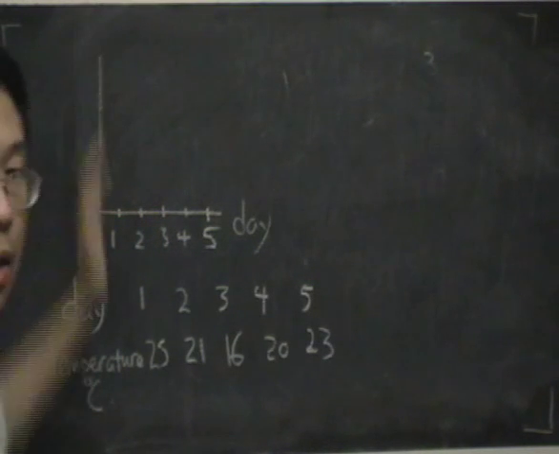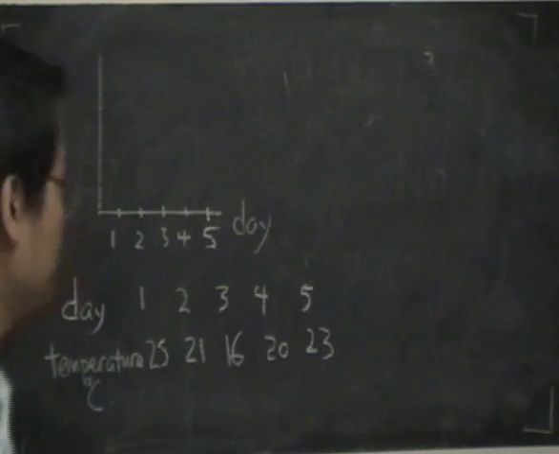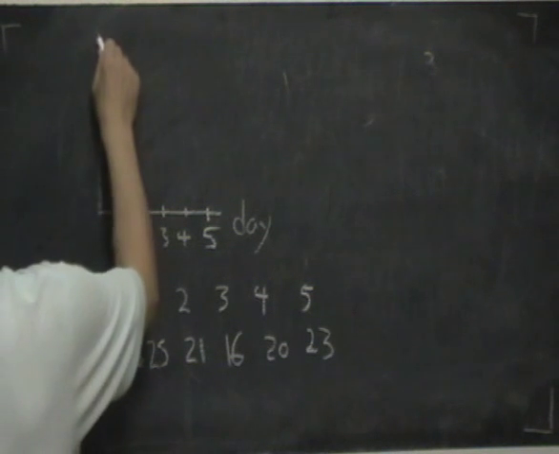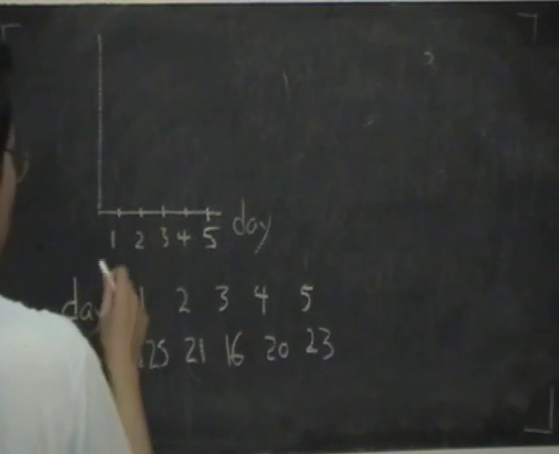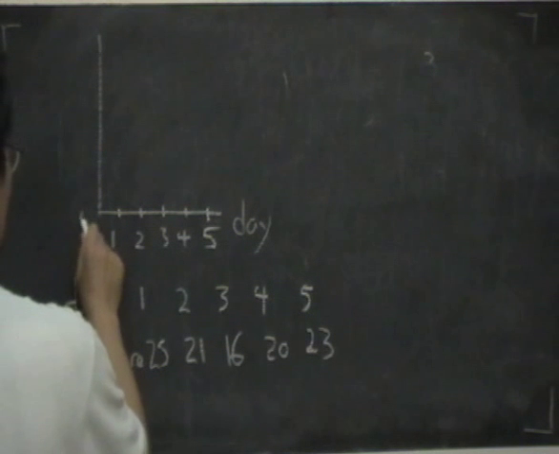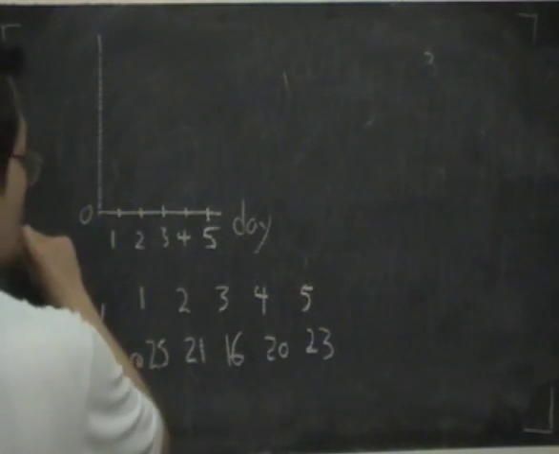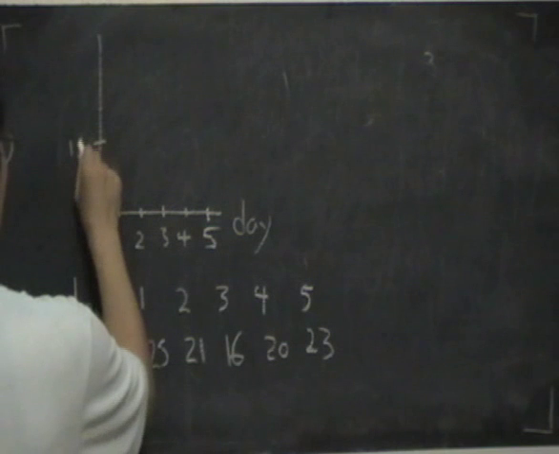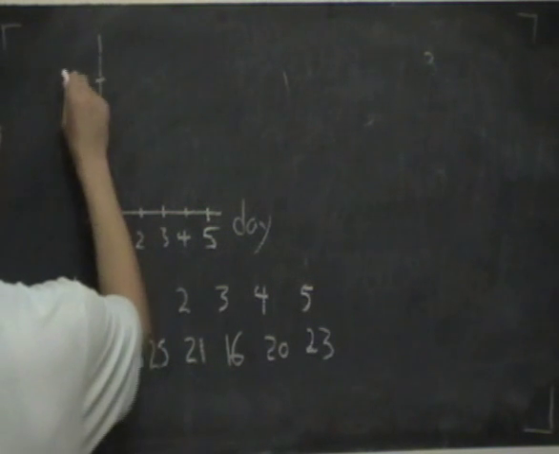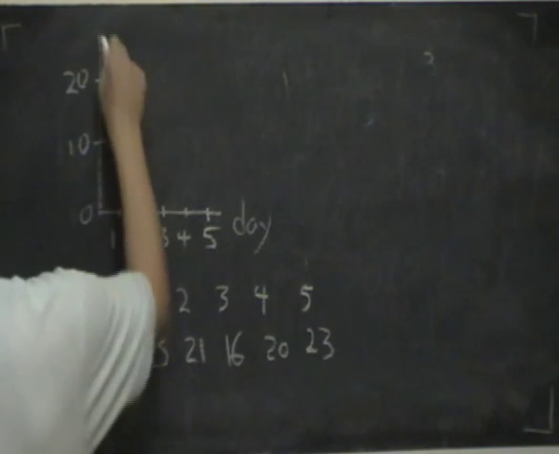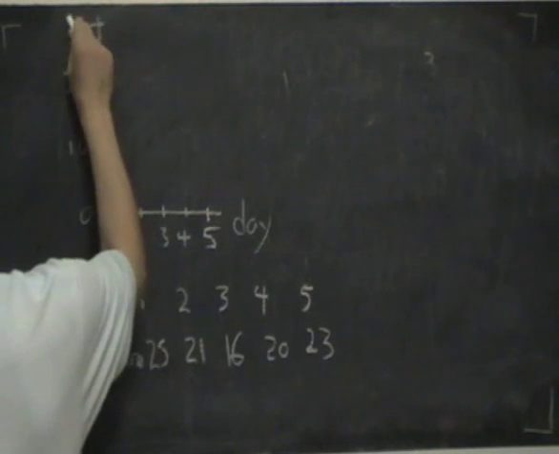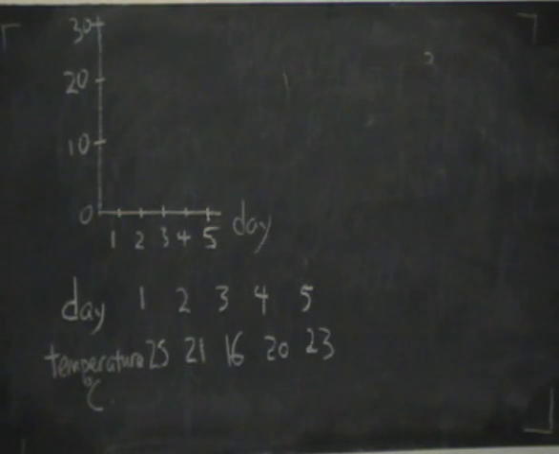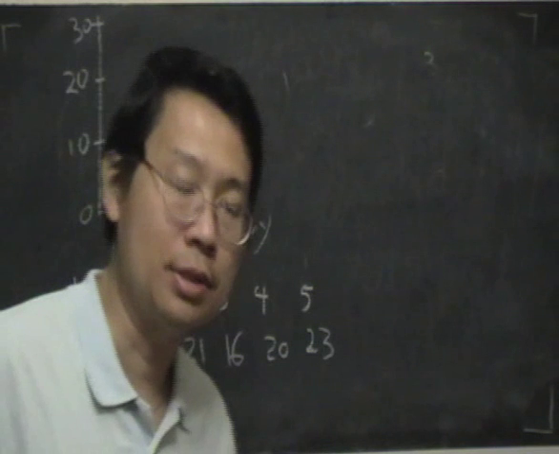I think of it like a ruler. I can put some marks on it, like say this is 0, that may be 10, that may be 20, that may be 30.